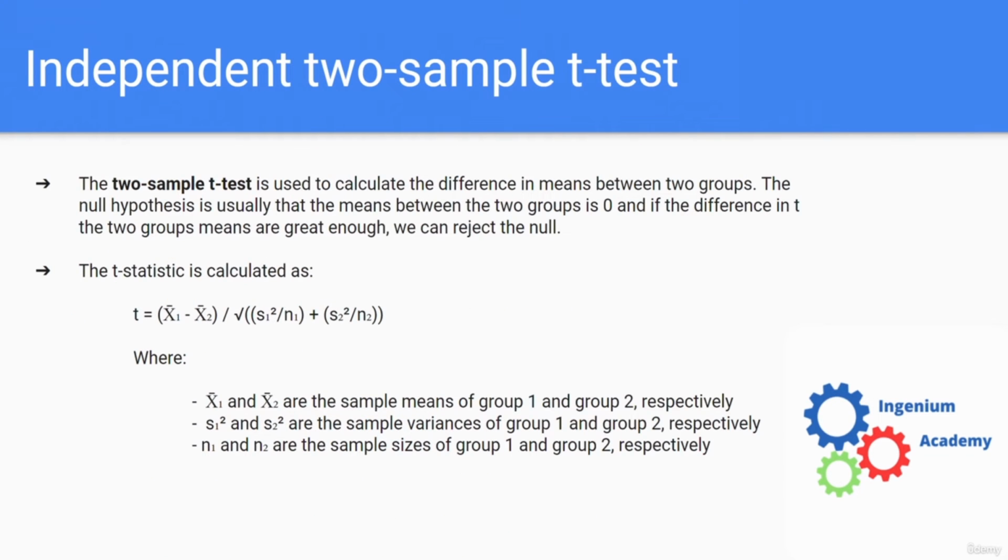Let's talk about a two sample t-test, or an independent two sample t-test, the one we're going to talk about. In an independent two sample t-test, that means we have two random samples. We have two groups of observations. Let's just say that group one is a group of people and group two is a group of people. We're going to assume that they're independent, that they're not somehow related.